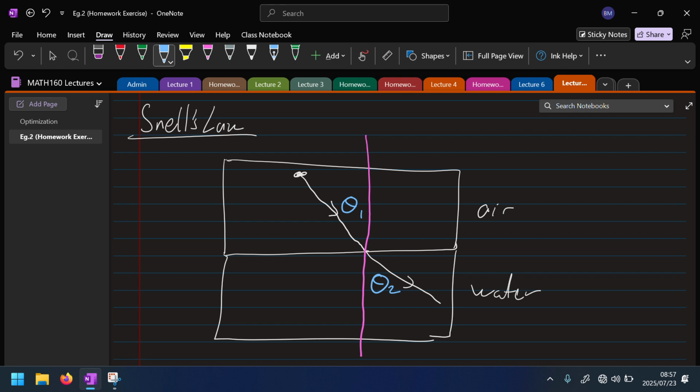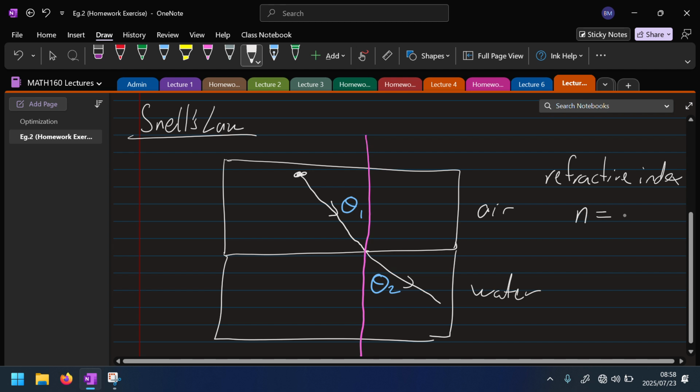Okay. Now, depending on what is called the refractive index of these two mediums, the light will go at a certain speed. So in air, light goes at the speed of light. However, in water and glass and so on, the light is actually slower by some amount. The amount by which it is slower is given by the refractive index. So we have the refractive index.